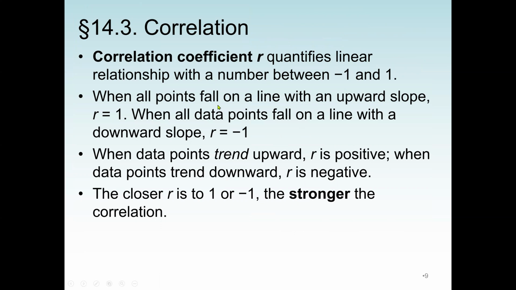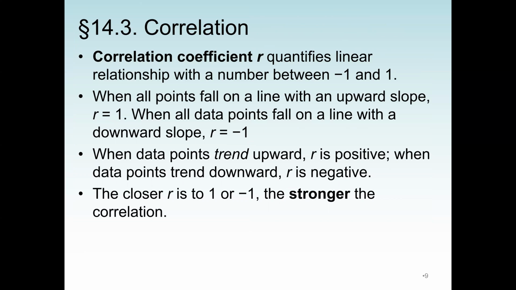The correlation coefficient R quantifies the linear relationship with a number between -1 and 1. When all points fall on a line with an upward slope, then we have 1. This means all the points are on the line. When all the data points fall on a line with a downward slope, we have -1. So when it's decreasing, it's a negative value. When it's increasing, it's a positive value, between -1 and +1.